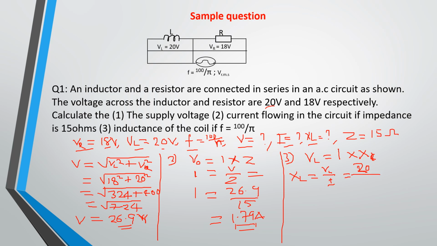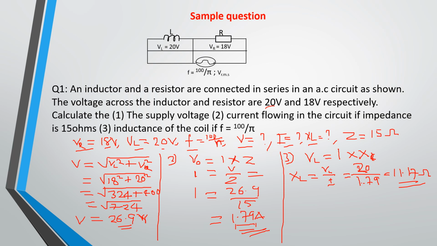Then the current flowing through the inductor is 1.79. That's what we have here. Okay, so the reactance of the inductor is equal to, by the time you do this division, you're going to have 11.17 ohm. That is the reactance of the inductor.